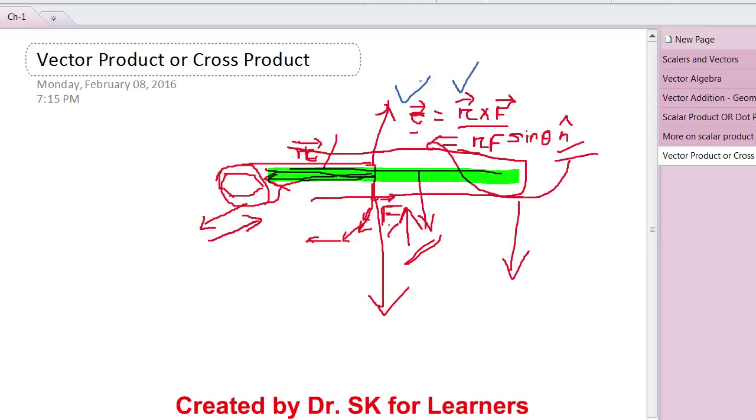So the torque wrench, monkey spanner, or whatever you will be using for opening the bolt or nut, the length will increase. That is how it works, and that is mathematically covered in vector product. So now you know why the torque wrench has its length.